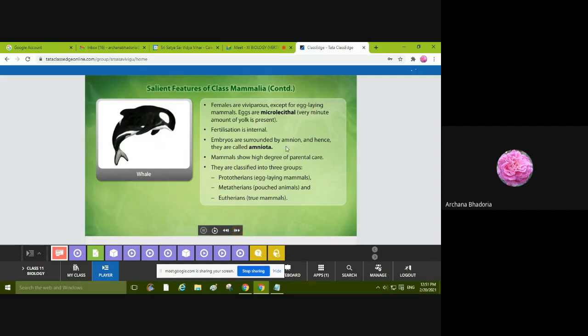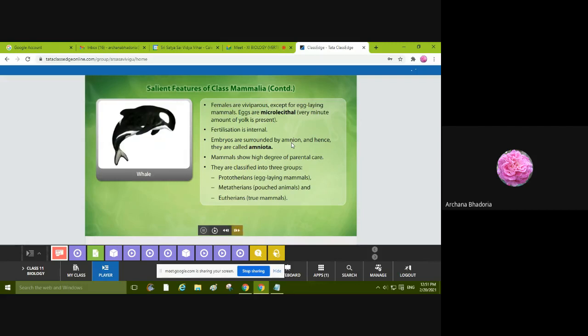Embryos are surrounded by the amnion. Now this is also a very important feature, that they have the amnion, the membrane. The embryos are protected inside the amnion, and the cavity is known as the amniotic cavity, which is filled with amniotic fluid.